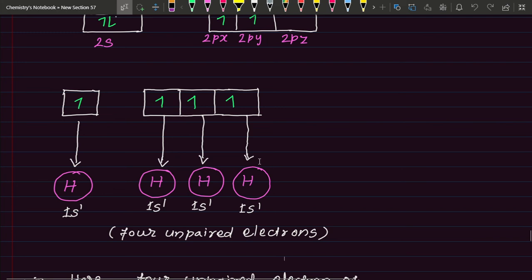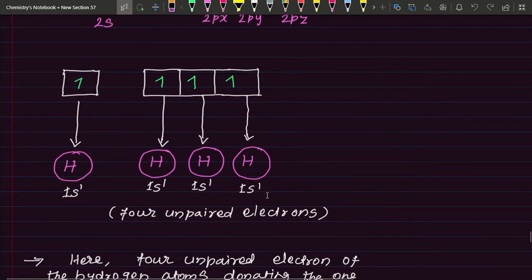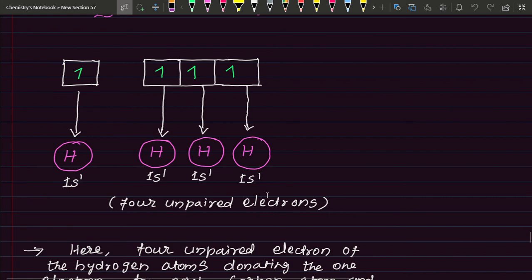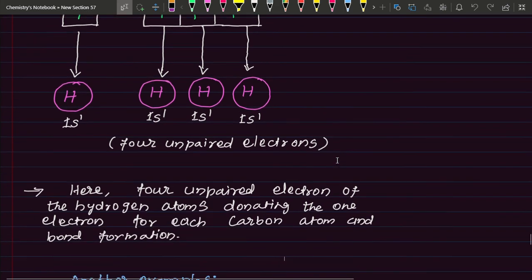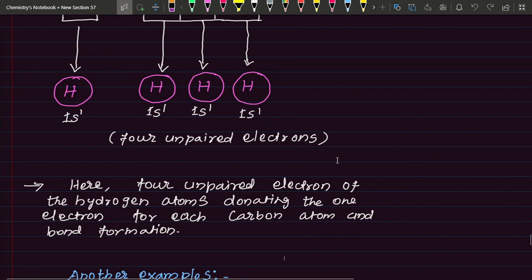Now see below. Hydrogen, hydrogen, hydrogen. Now each hydrogen donates 1 electron to each carbon orbital. See below. Here the 4 unpaired electrons of the hydrogen atoms donate 1 electron to each carbon atom, involving the bond formation.